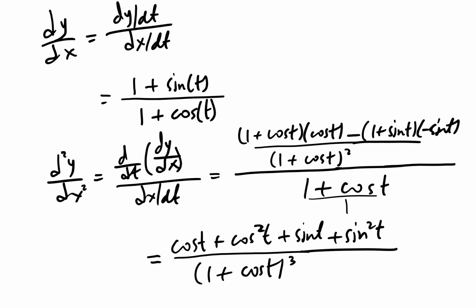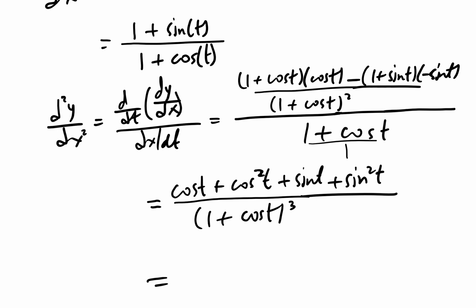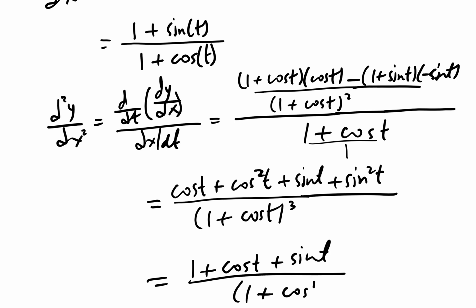And notice sine squared plus cosine squared is 1, so we're going to have 1 plus cosine t plus sine t all over 1 plus cosine t to the third power. That's the max we could simplify.